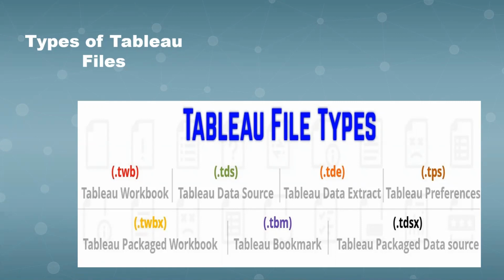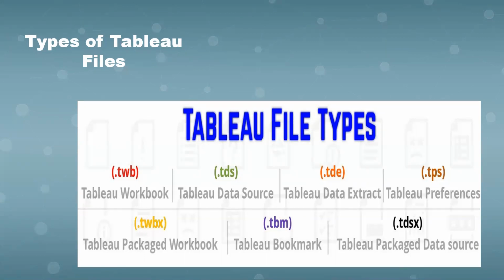When you are saving this Tableau work as a file, the suffix indicates in what format and type it is. So it could be a Tableau workbook, data source, Tableau data extract, Tableau preferences, Tableau packaged workbook, Tableau bookmark, and Tableau packaged data source. So these are all of them.